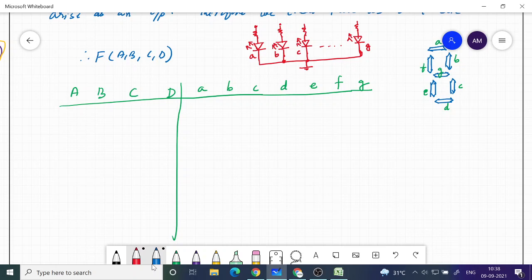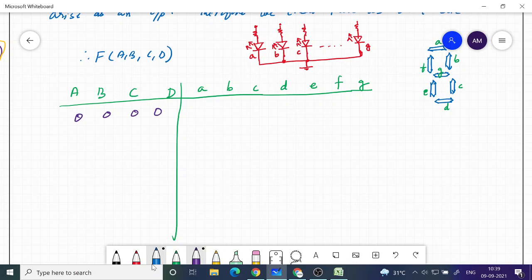So if you want to lit up a common cathode LED array, you just need to give 1 wherever logic level 1. Okay, that means high voltage to whichever LED you want to lit up. For example, let us look at the case of 0.